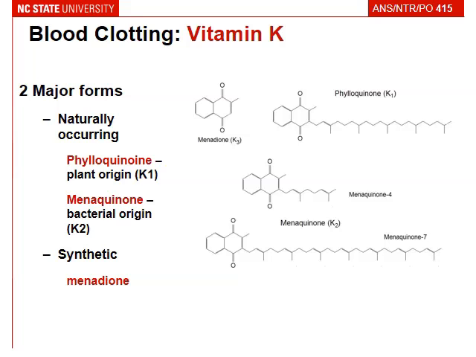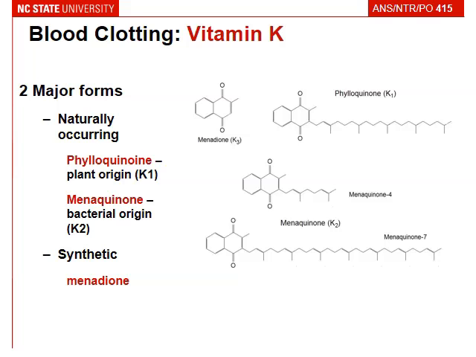We have two major forms of vitamin K. We have naturally occurring forms, which include phylloquinone, also known as K1, and that comes from plant origins. And within this naturally occurring group, we also have menaquinone, which is of bacterial origin, also referred to as K2.